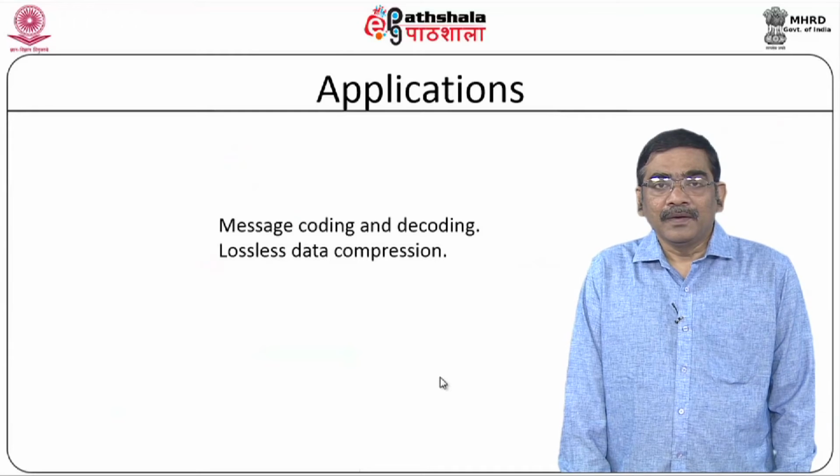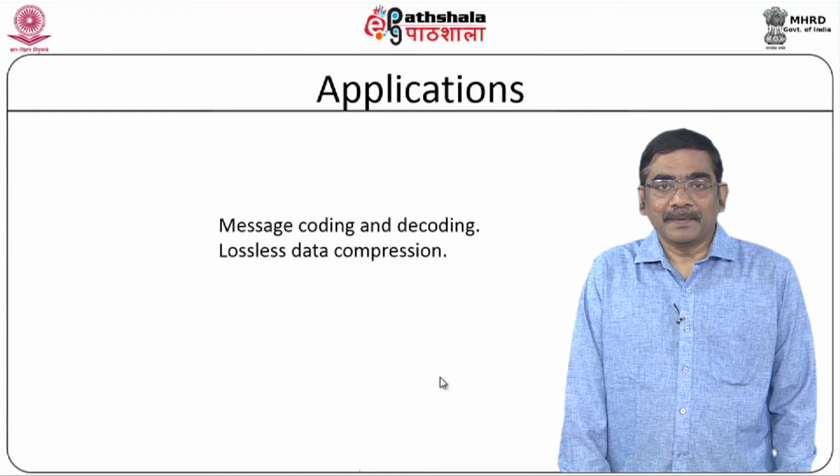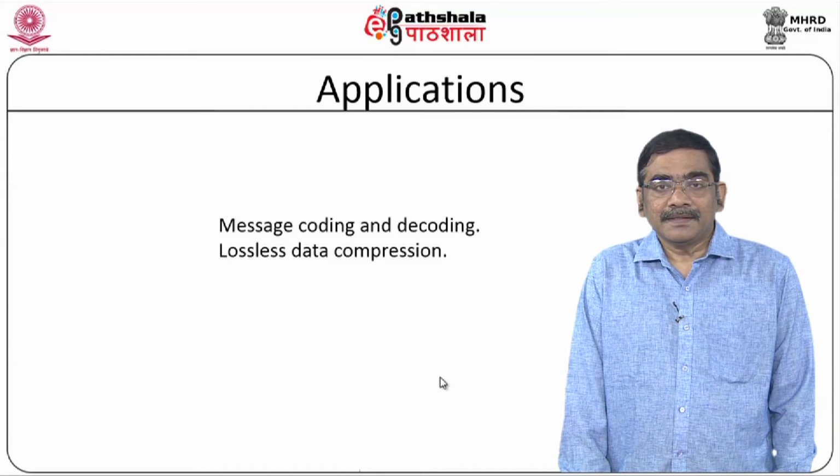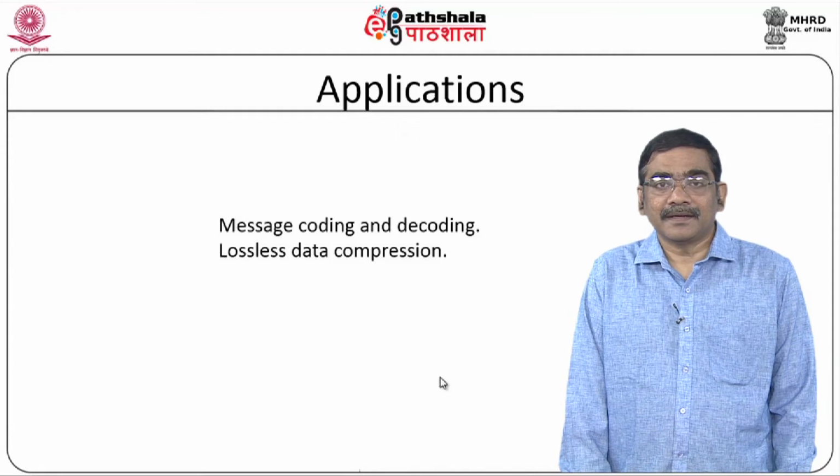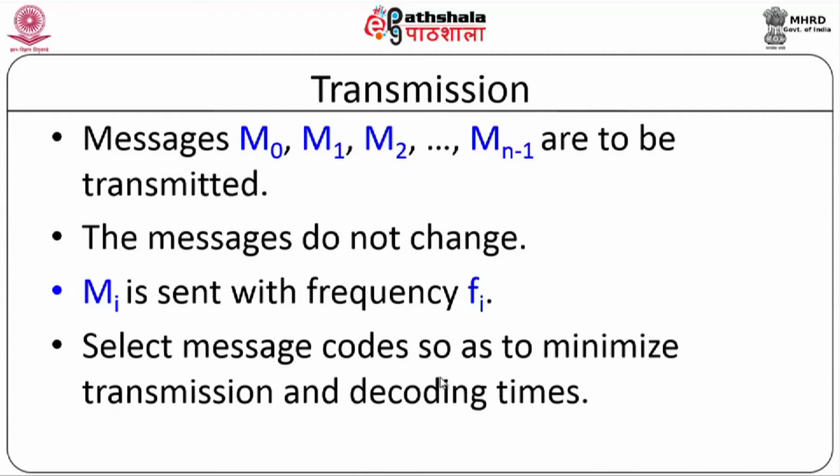Fine. Why should we bother about these sorts of problems? What is the use of this? The applications of this problem are many. Some of the examples given here are that it is useful for message coding and decoding. It is also useful for lossy data compression.